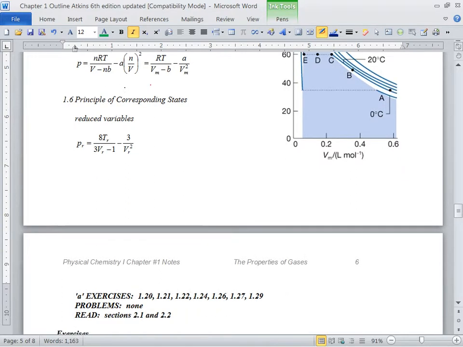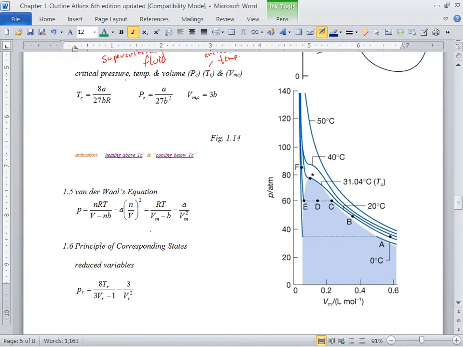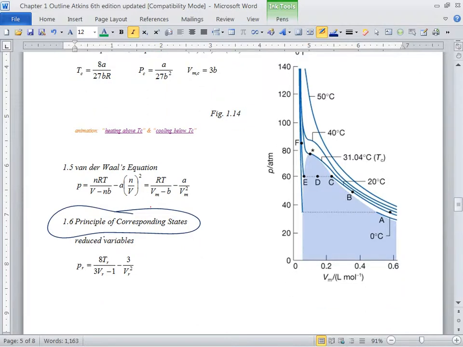Let's see, I think there's only one last thing to talk about, and that's this principle of corresponding states. Okay, what is this, PR, TR, VR?